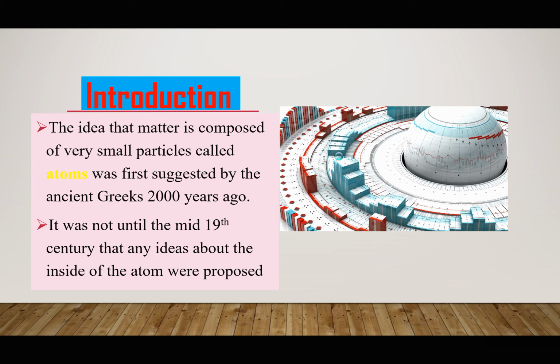The pudding is the positive charge, with the negatively charged particles, which he called the plums, distributed all over the positively charged material. So J.J. Thomson's model came to be called the plum pudding model.